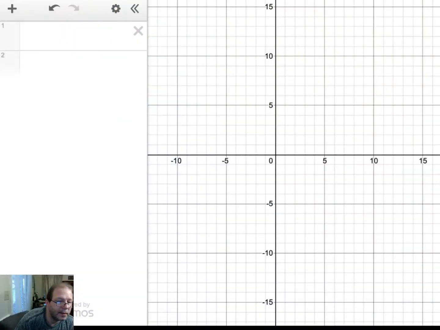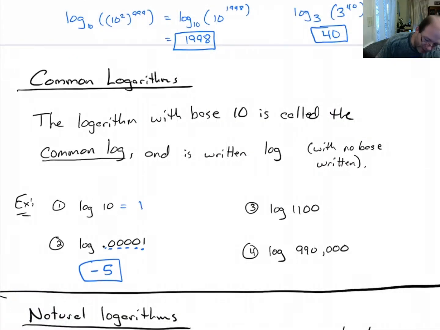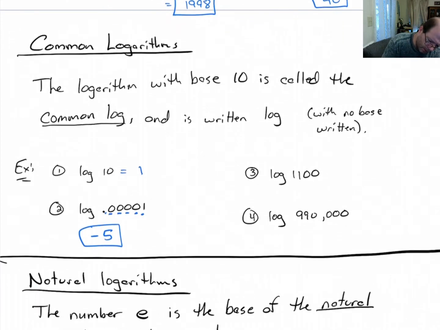So anyway, we're going to need the calculator to do these last two examples. Let me switch back to it. There, here we go. Log of 1100. Now, here's the deal.